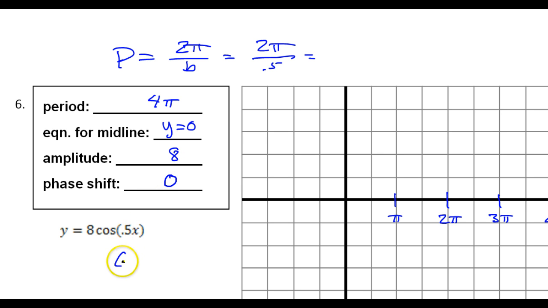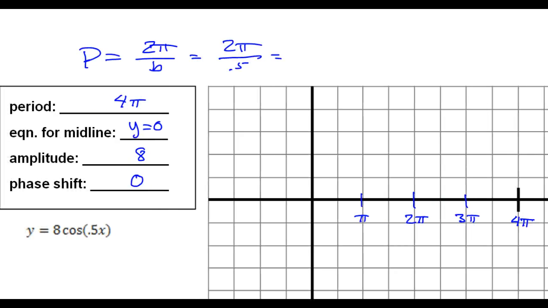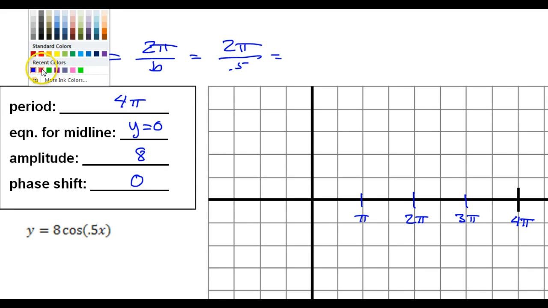If this had been 0.5x plus pi over 4 or something like that, then I'd have a phase shift to the left, pi over 4. But in the absence of anything being added or subtracted in there, there's no phase shift. So that makes it easy, and I can immediately go to graph this without having to worry about a skeleton.